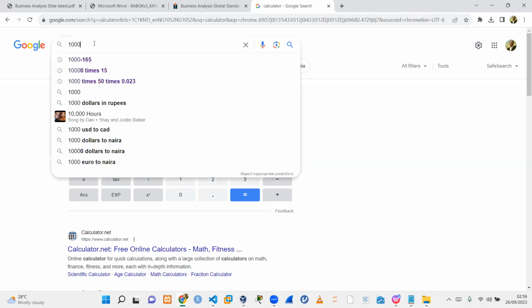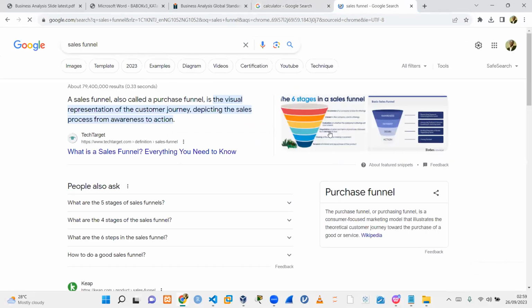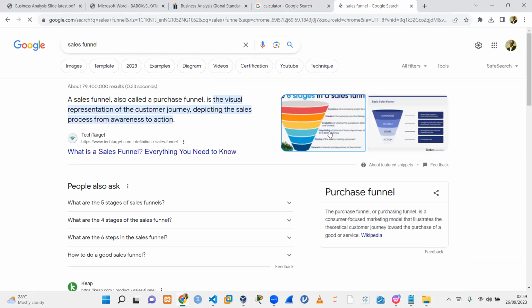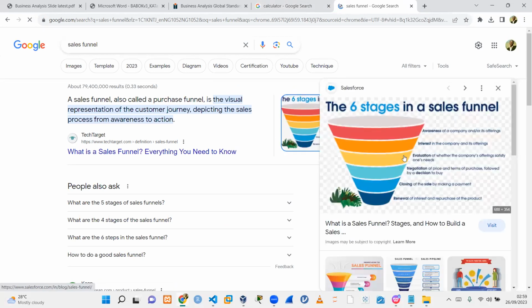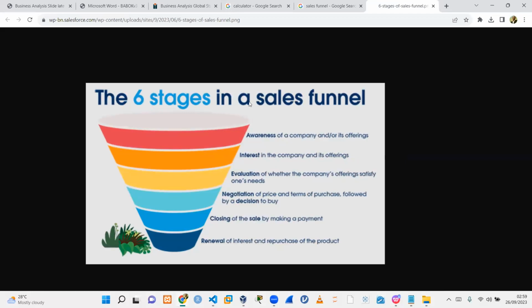So in the sales funnel, in the stage that talks about the customer's journey, at times it can be 4 stages: awareness, interest, decision, action. You can break it down into 6 stages. Some people can break it down into 7 stages, depending on how you break it down.